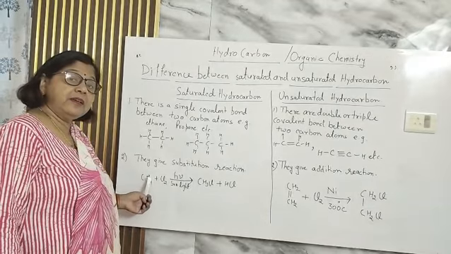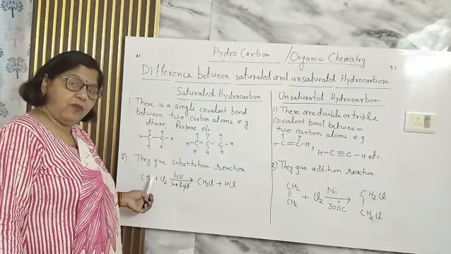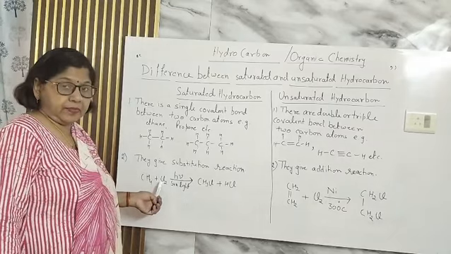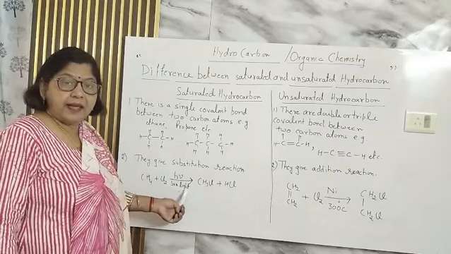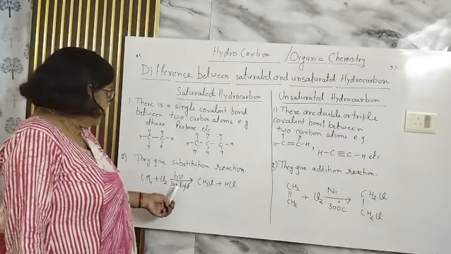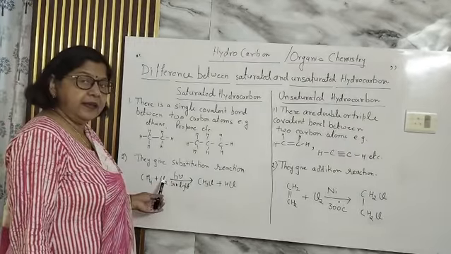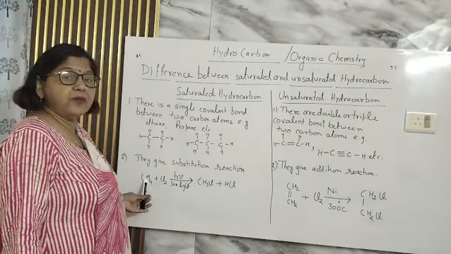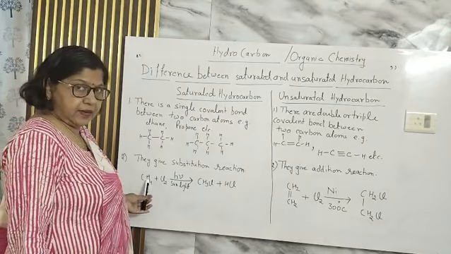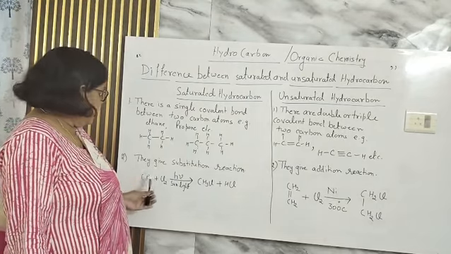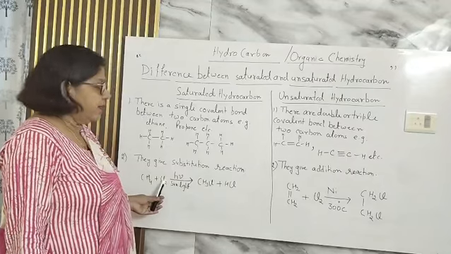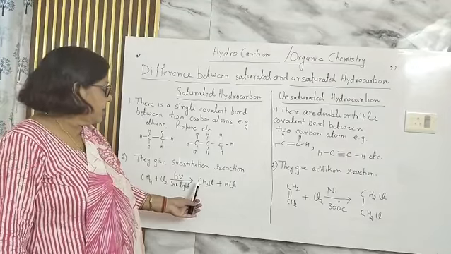Carbon is associated with how many hydrogens? Four hydrogens, right? But when it combines with chlorine in the presence of sunlight, what happens? One of the hydrogens from methane is displaced by chlorine. So this one hydrogen is replaced by one chlorine, and then what molecule is formed?